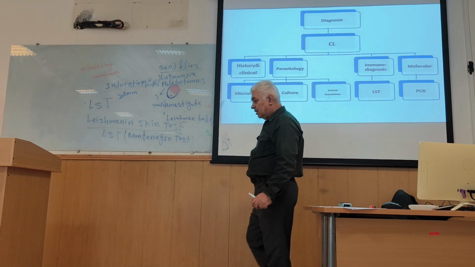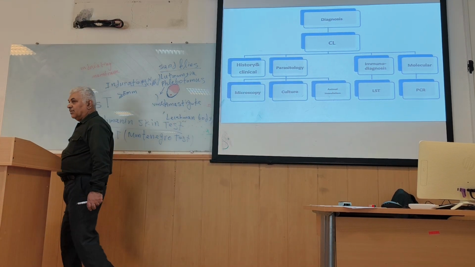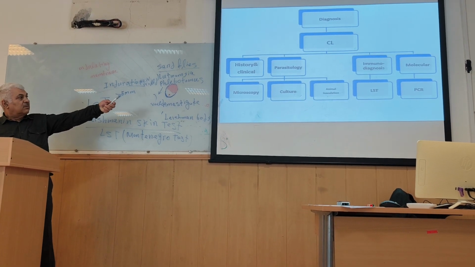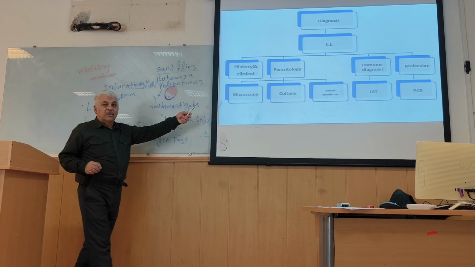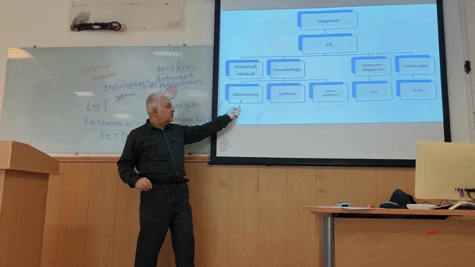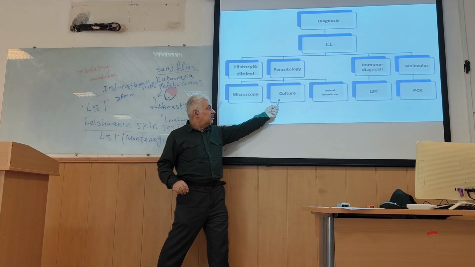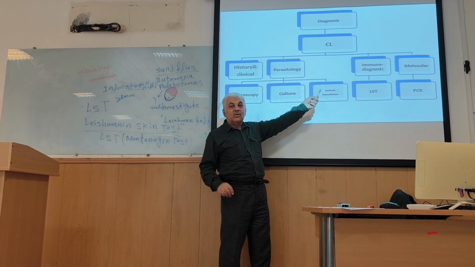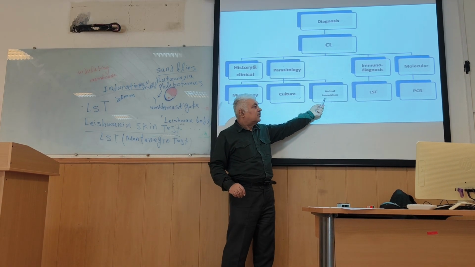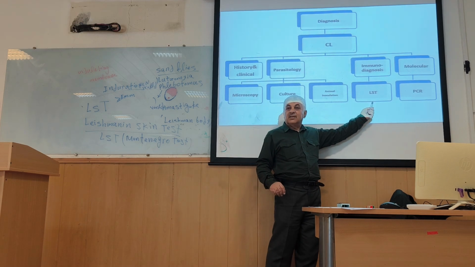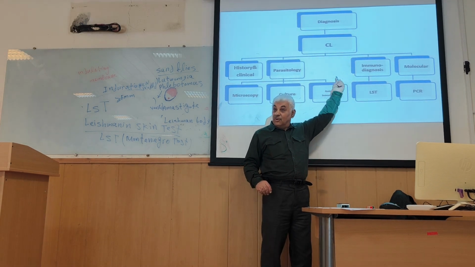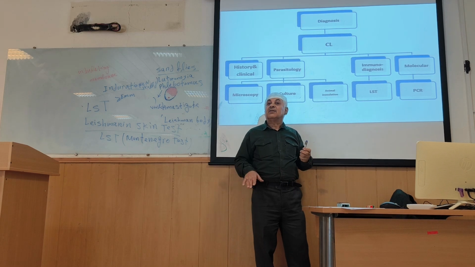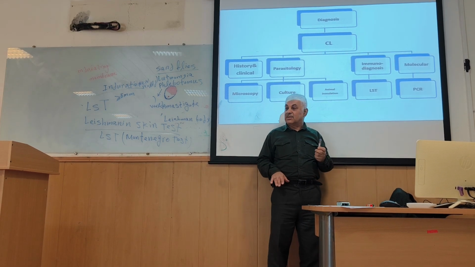So this is a summary of the analytical methods. In cutaneous leishmaniasis, we can use parasitological methods: microscopy, culture, animal inoculation. In immunodiagnosis, we can use LST, not serological methods, for cutaneous leishmaniasis, because the anti-Leishmania antibody concentration is very low.